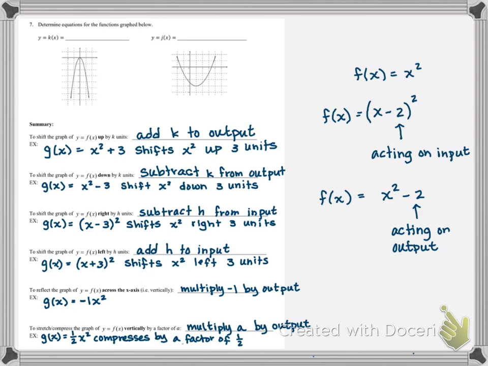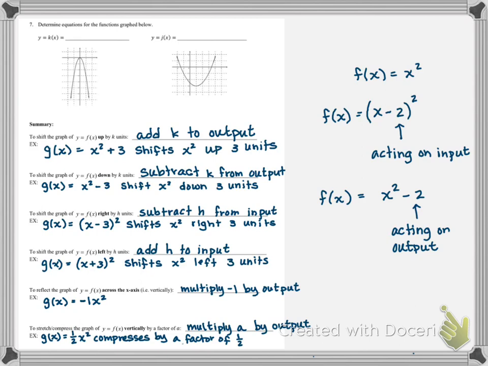So you'll notice the only operation we're doing in the horizontal direction is shifting, and that's just because you can achieve any horizontal stretch or compression with a vertical stretch or compression, and computationally it's easier to work with the output than with the input because you don't have to worry as much about if you're adding or subtracting first, and the order of it is backwards when you do it with the input, and so your order of operations gets a little hairy. So we will do all of our stretches and compressions vertically, right?